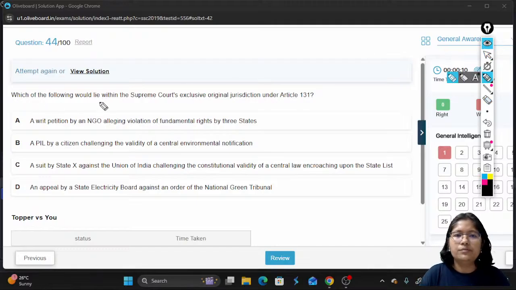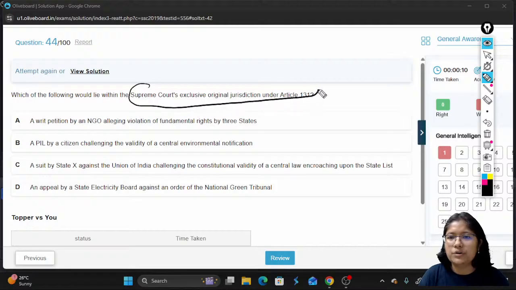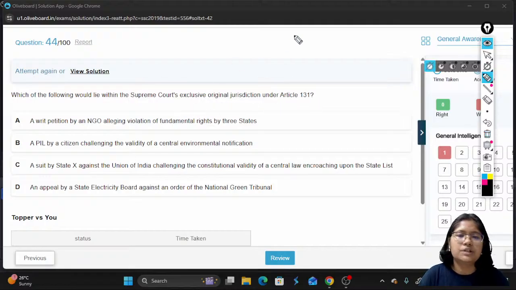Which of the following would lie within the Supreme Court's exclusive original jurisdiction? Exclusive original jurisdiction is under Article 131, original jurisdiction. Now, when we say original jurisdiction, what do we mean?